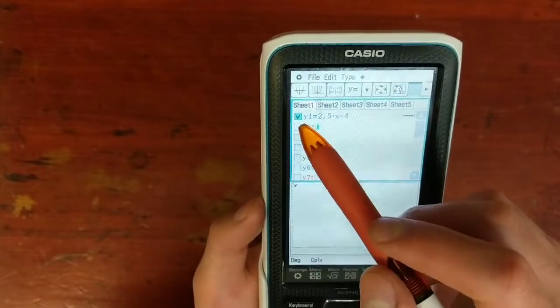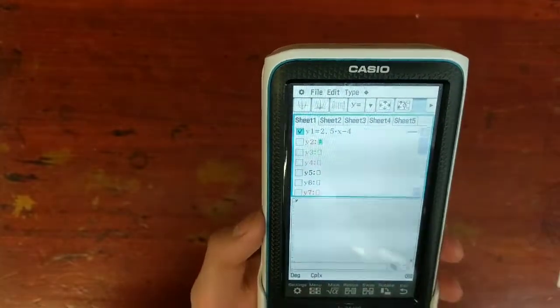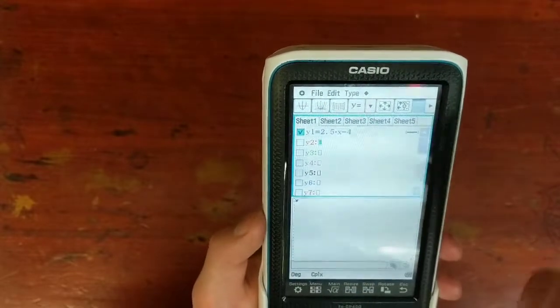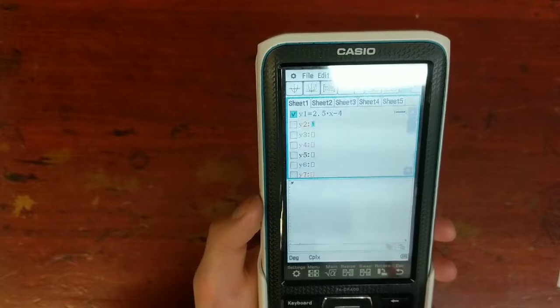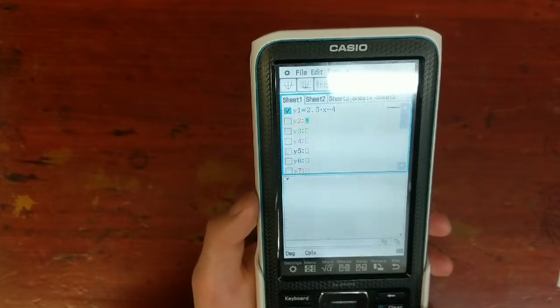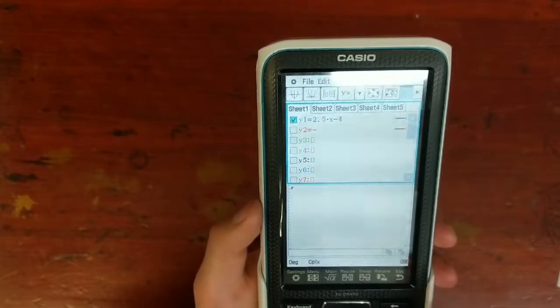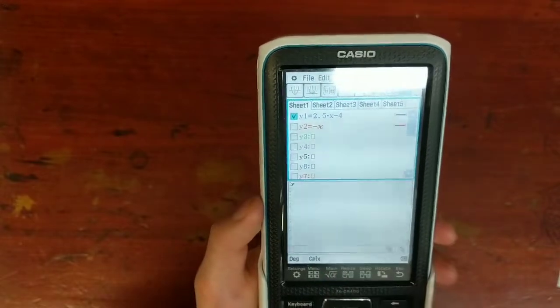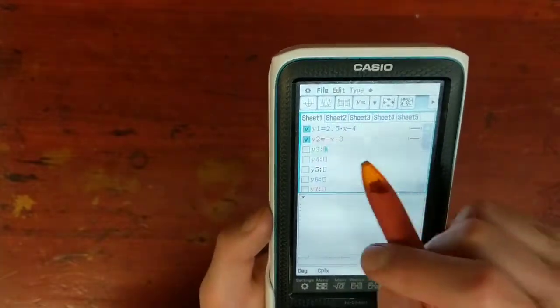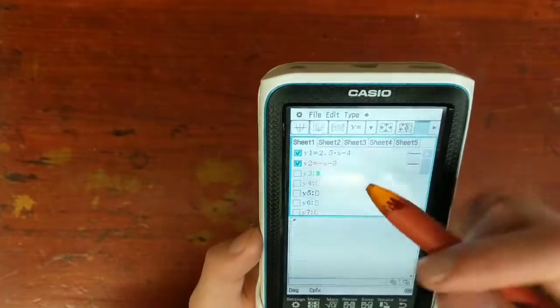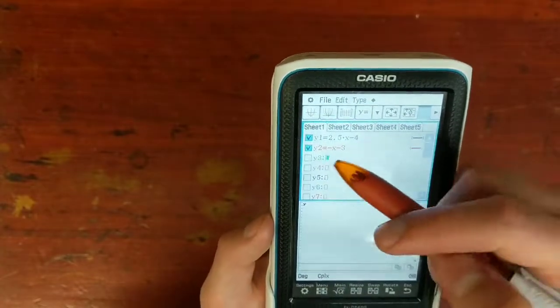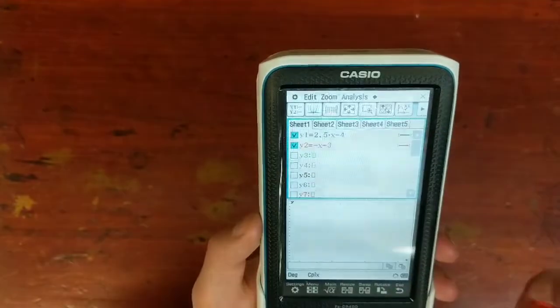You'll notice that when I hit execute, that box there becomes checked, and now whatever boxes are checked, let's say I have another equation as well, and it's the form y equals negative x minus 3. So if they're both checked, then when I go up here and hit this graph symbol, it'll graph all of the equations that are checked. So let's hit that.